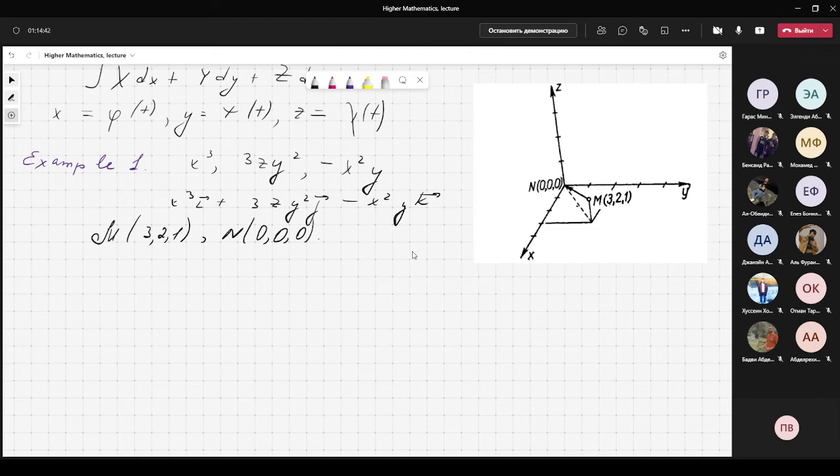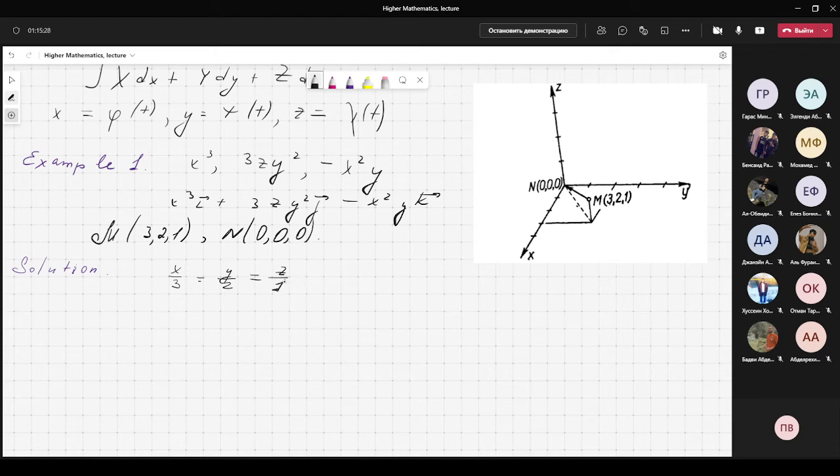Solution. To find the parametric equation of the line MN along which the integration is to be performed, we write the equation of the straight line that passes through the given two points: x over 3 equals y over 2 equals z over 1.